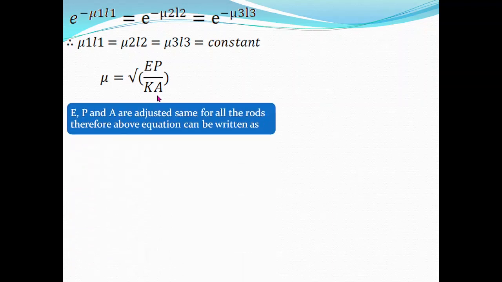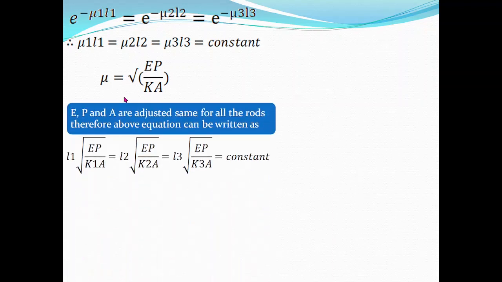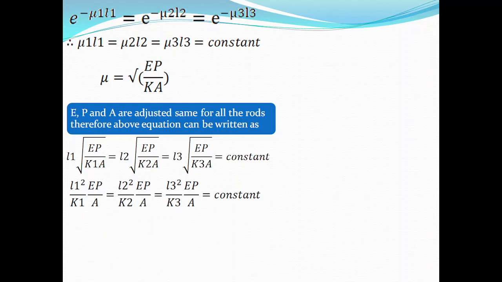And therefore, the above equation becomes: L1 remains as it is, and instead of mu1 we write under root EP upon K1A, equal to L2 as it is, and for mu2 we write under root EP upon K2A, equal to L3, and for mu3 we write under root EP upon K3A, all equal to a certain constant.